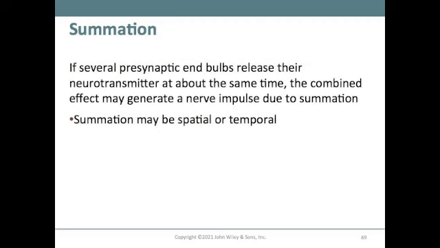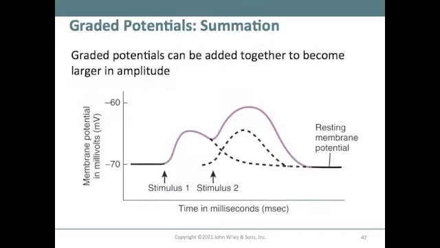We're getting to figure 12.25 on page 449. If several presynaptic end bulbs release their neurotransmitter at about the same time, the combined effect may generate a nerve impulse due to summation. Summation may be spatial or temporal. Remember, we talked about summation before. What slide was it? Let me go back. Yeah, it says it right here. The graded potential, it's summation, right?